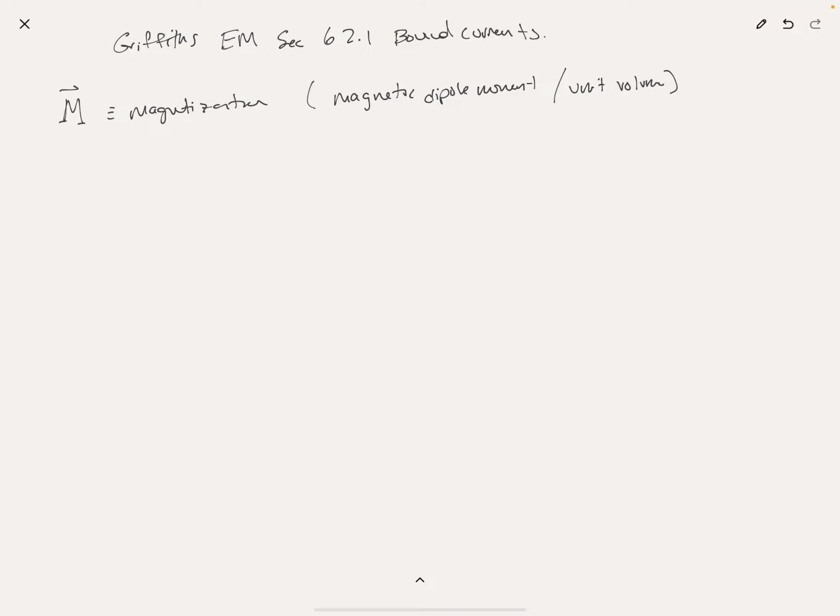Okay, we can go ahead and say that for a single dipole with a dipole moment of little m, we can find the magnetic vector potential at a particular point by using something from the previous chapter, which is just the magnetic dipole moment crossed with script r hat over script r squared, where little m is a single loop.